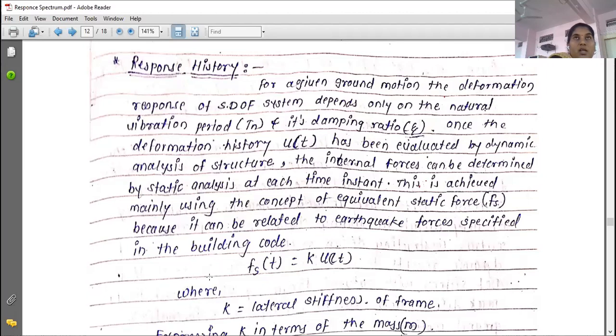Once the deformation history u of t has been evaluated by dynamic analysis of the structure, the internal forces can be determined by static analysis at each time instant.